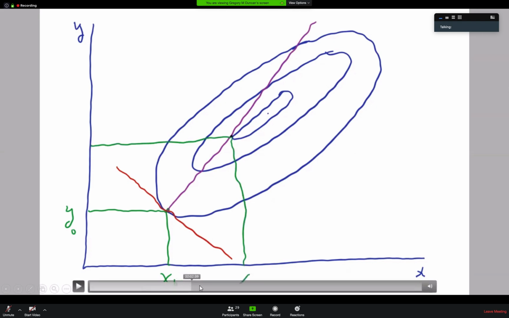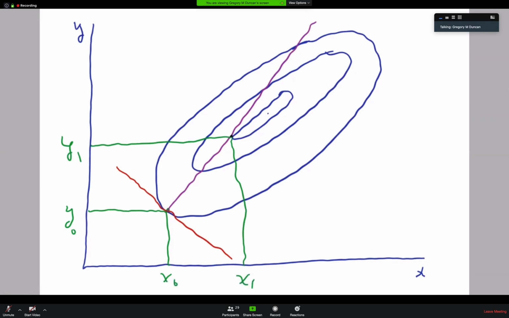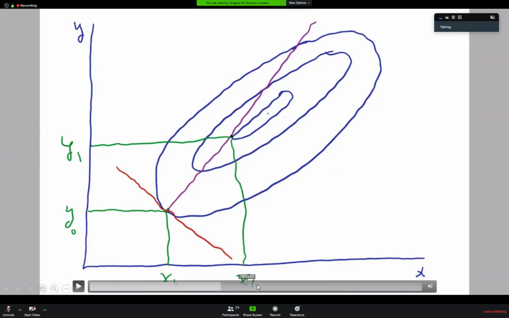Okay. And I'm going to call this x1, y1. So I was at x0, y0. Now I'm at x1, y1. And I've just done one iteration. Okay. So now I repeat.